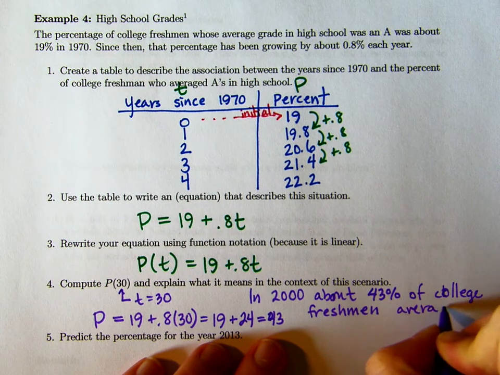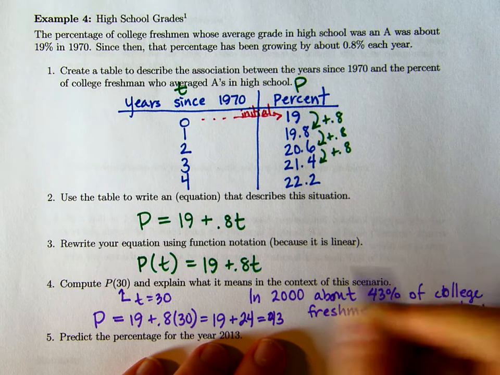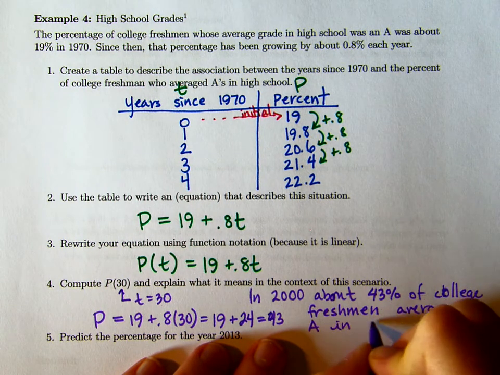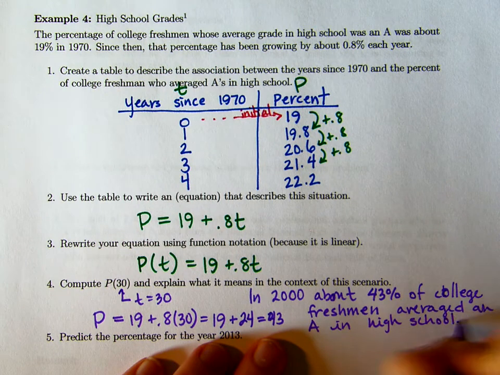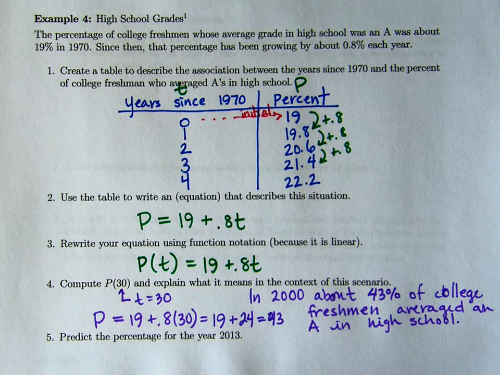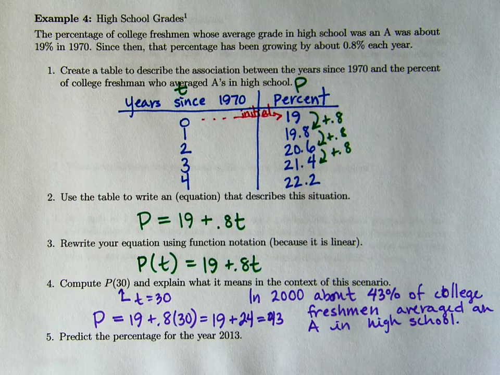Averaged an A in high school. That's a lot. That's a lot, considering it was 19% in 1970.